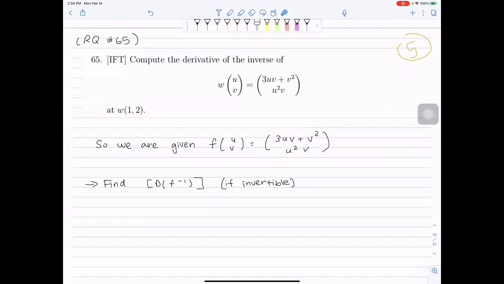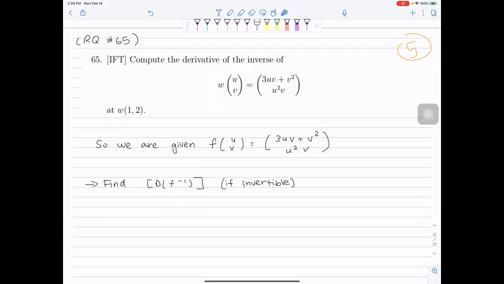So this is recitation question 65. We want to compute the inverse of this at W of 1, 2. What should be the first thing we check before you even calculate this?